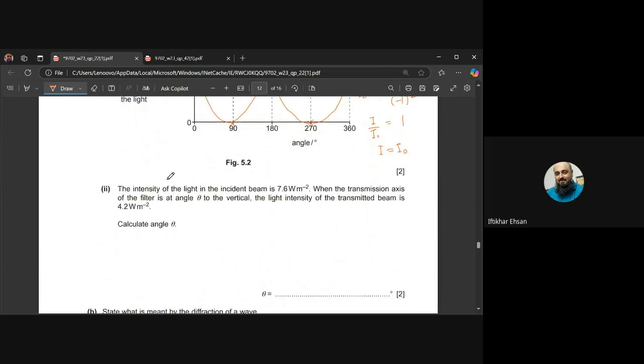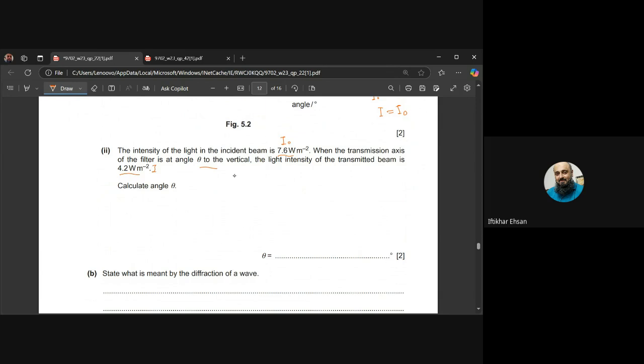The intensity of the light in the incident beam is this. So this is the maximum intensity. When the transmission angle is theta, the intensity of the beam is this. This is transmitted. Calculate the angle theta. So beta, there could be two possible values of theta. We have discussed in the syllabus. Do you remember?